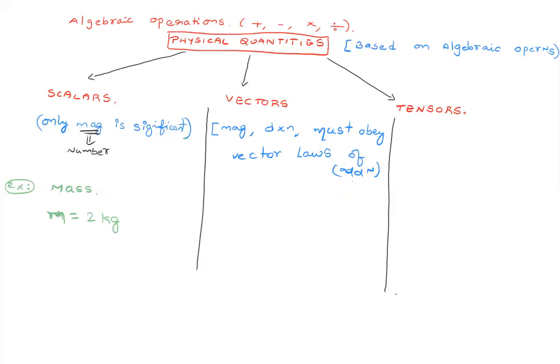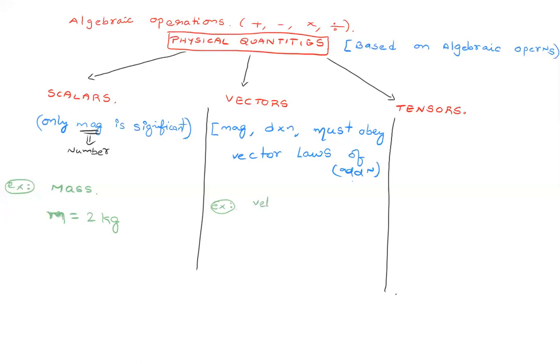Vector quantities have magnitude and direction, and they must obey vector laws of addition. For vectors, here are some examples.